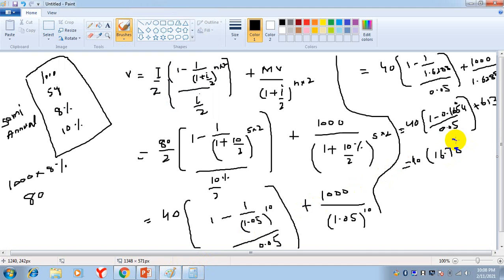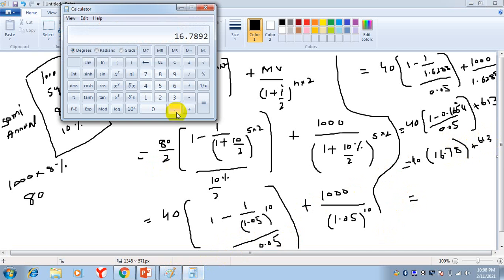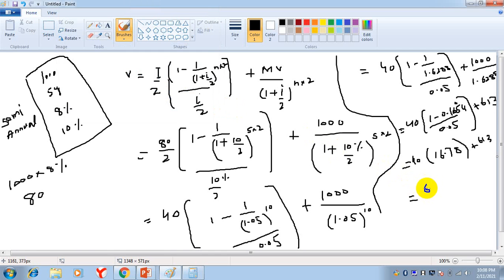It is fine. 16.78 plus 613. So 40 multiplied by 16.78, multiplied by 40, so we got 671.58 plus 613.